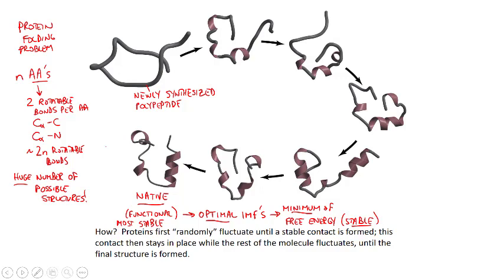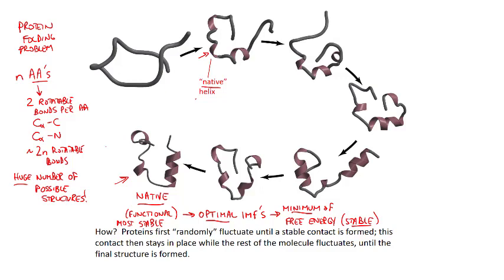Well, what's going to happen is that because we are not at absolute zero, our molecules are in motion and our bonds are going to be rotating a little bit. After a few fluctuations of your structure, you're going to end up forming some native-like structure, say this turn of alpha helix, which is also present in the native protein.